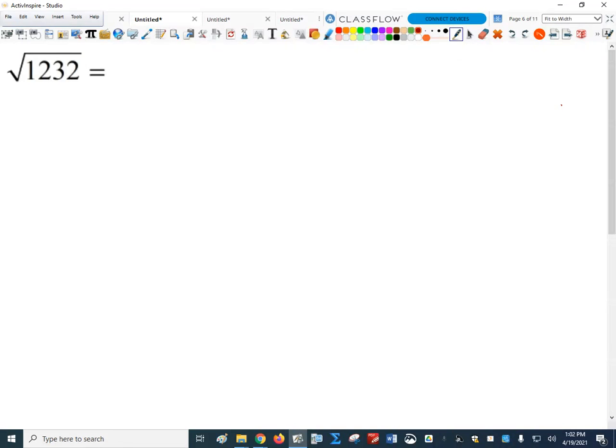So we're making a factor tree, aren't we? Four goes into 32. So we know it goes into the whole thing. Well, let's divide it in. 4 goes into 12 how many times? 3. Does 4 go into 3? 0, right?